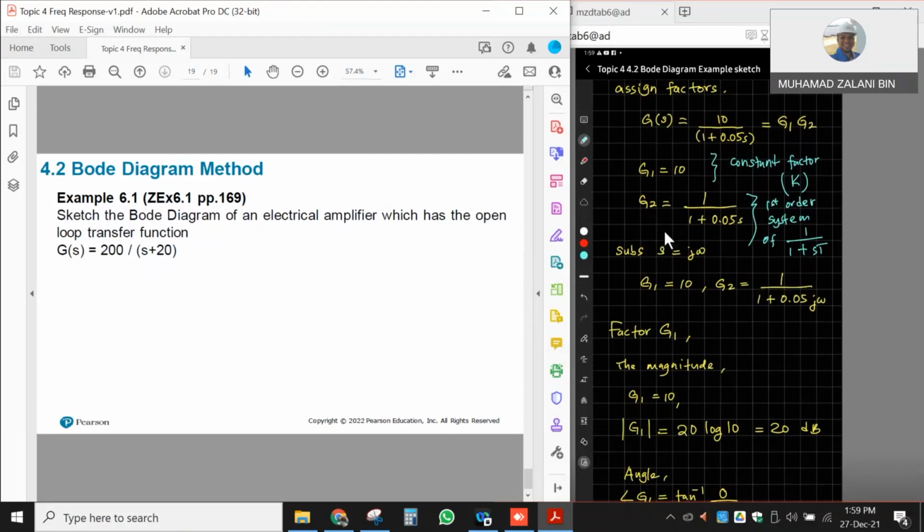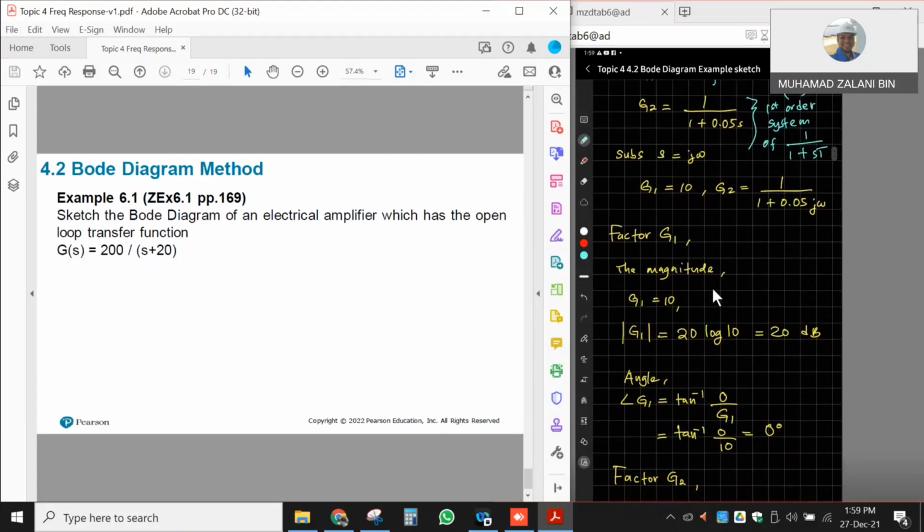Now, once we do that, for this particular function we substitute s equals j omega, because we want to observe the magnitude and phase angle of the transfer function as omega changes from 0 to infinity.